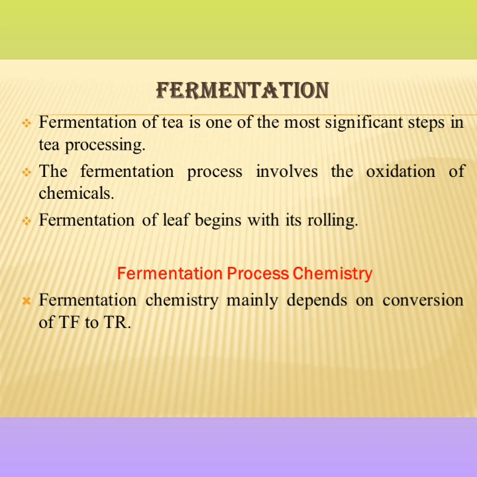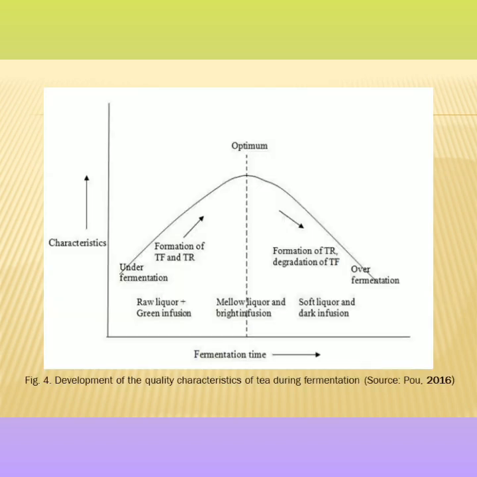This conversion of TF to TR should be within the range. If you see this graph, the formation of TF and TR, and the formation of TR and degradation of TF, these graphs should be within the optimum level.